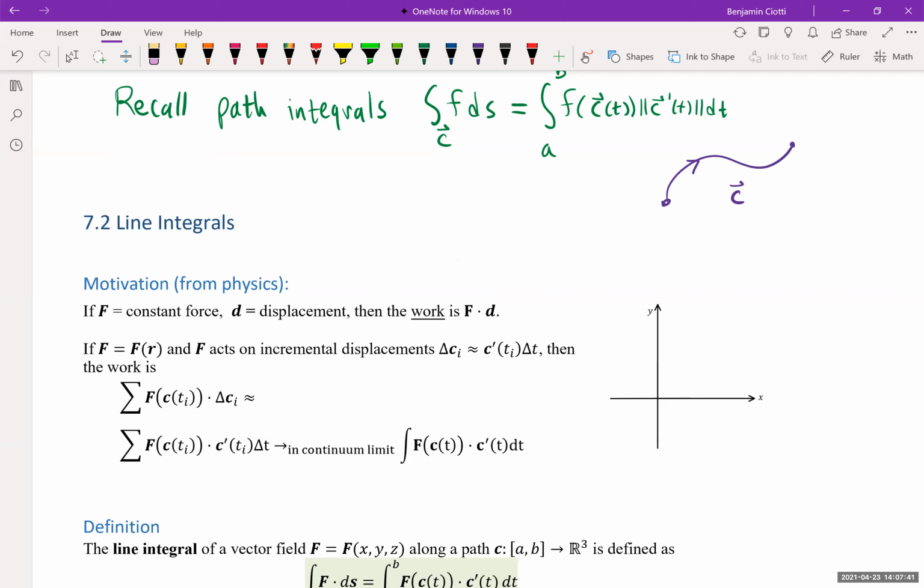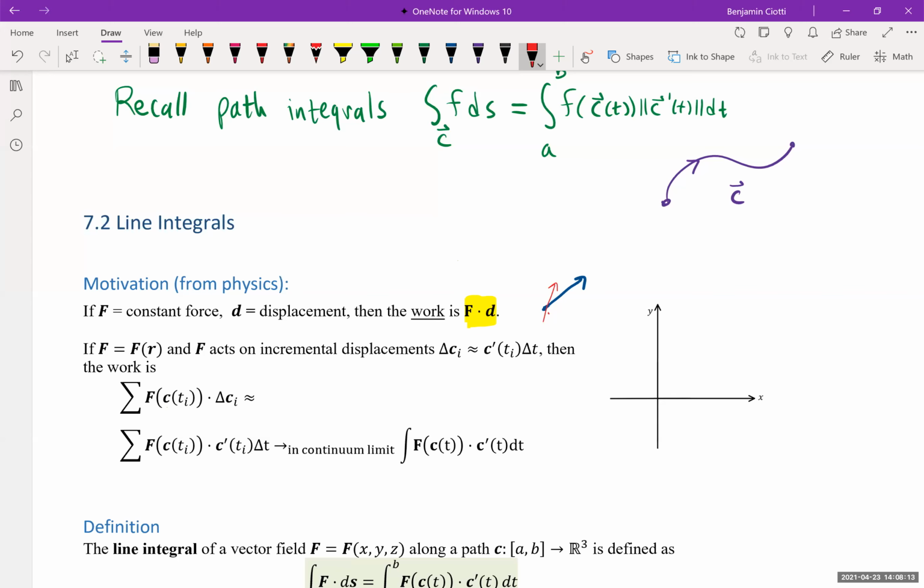Now, the F dotted with d formula is the formula for a constant force applied in a very simple linear displacement. Maybe this was the displacement and this was the force. What if the force varies with your position?